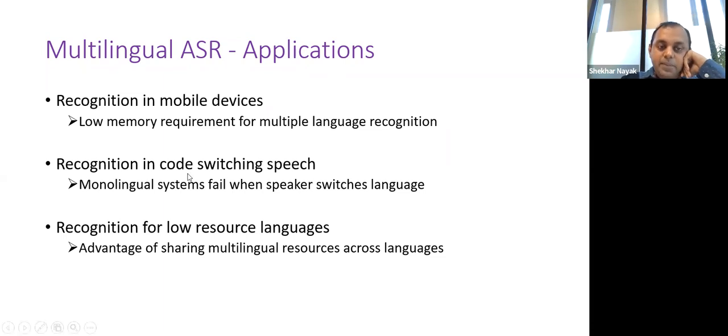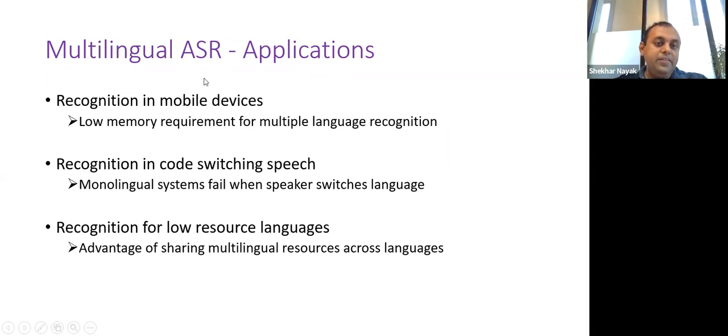The other application is to recognize code switching speech. This is when a native speaker switches from one language to another. For example, if you are speaking in your own native language, you sometimes use words of another language, maybe English or French or Urdu or whatever it is. So there is code switching from one language to another. Monolingual systems cannot deal with this code switching.